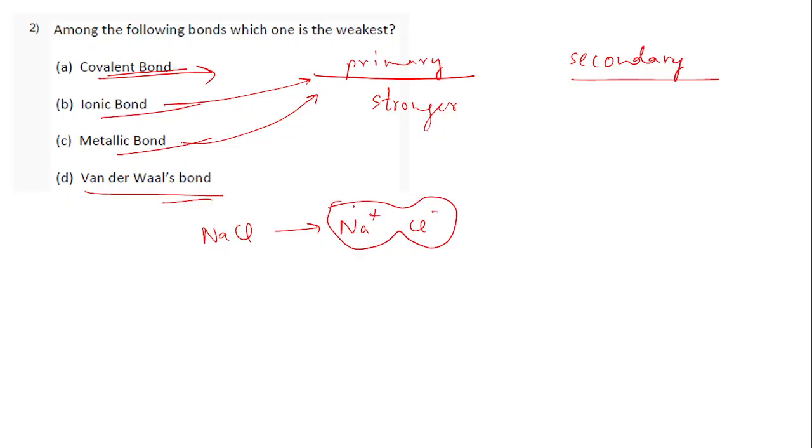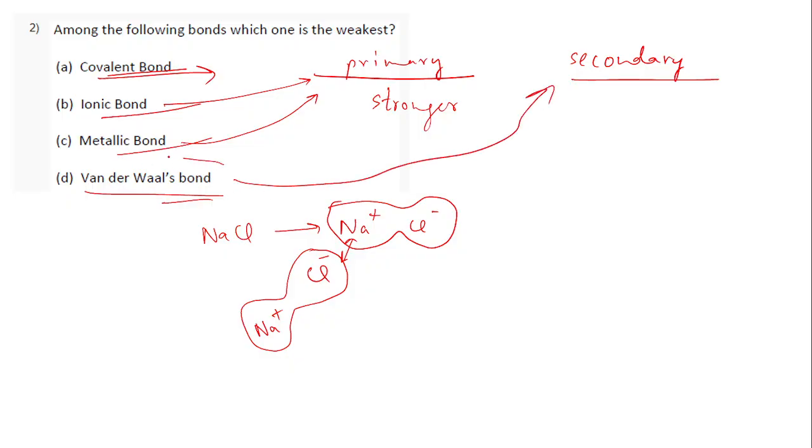Then this portion has positive charge, this portion has negative charge, and it may be momentarily happening, and that's why it attracts or makes another NaCl molecule convert to a dipole, because of this positive charge inducing negative charge. This is very weak and it's a type of secondary bond. So the weakest among these four is the van der Waals bond, because it's the secondary bond happening in this kind of situation.